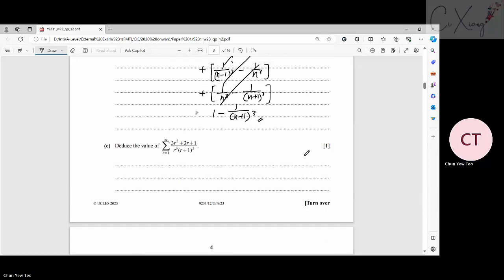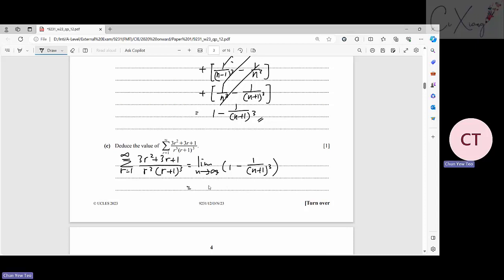Then move on to part C, we just need to find the sum to infinity. So what you need to do now is to write down that the sum to infinity of 3r squared plus 3r plus 1 over r cube times (r plus 1) cube is equal to the limit as n goes to infinity of the result you found in part B. So it will be 1 minus 1 over (n plus 1) cube.